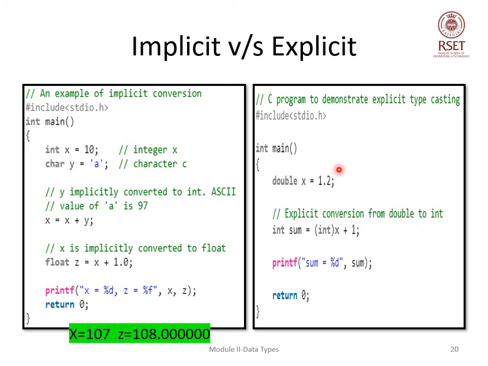Now in case of the right hand side, there is a variable x which is of double data type, and its value is 1.2. If we want to add 1 to it and store it into an integer variable, we have to explicitly state that x has to be converted to integer and then add 1 to it. So the result would be 2.